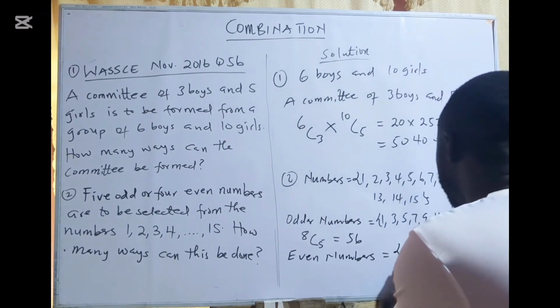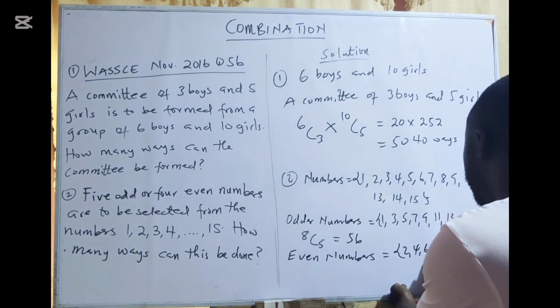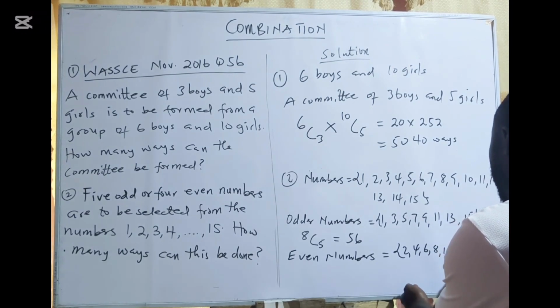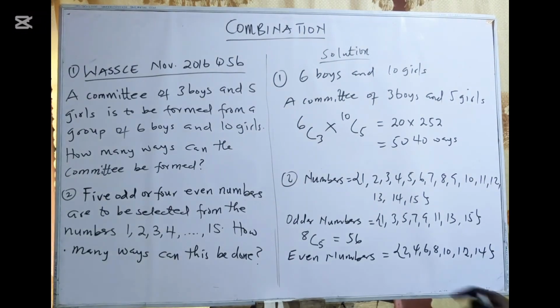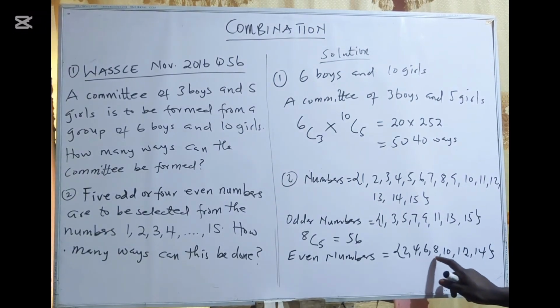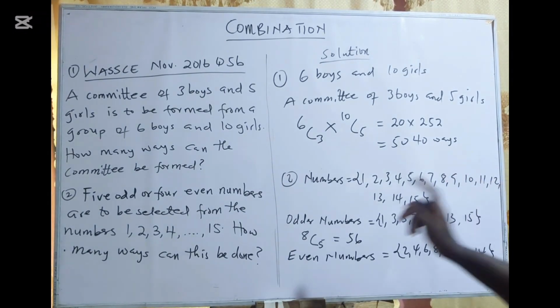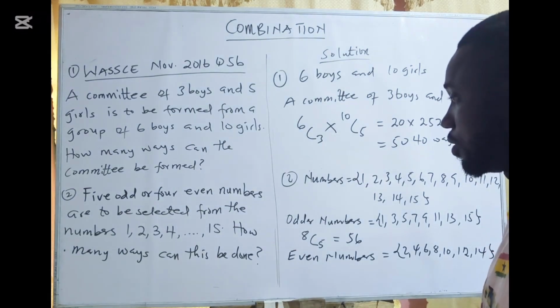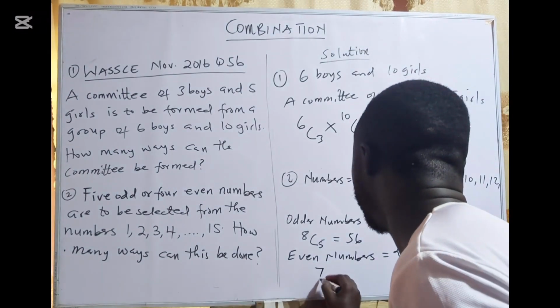How many even numbers? 2, 4, 6, 8, 10, 12, and then 14. Alright. So how many? 1, 2, 3, 4, 5, 6, 7. 7. So the 7 plus the 8 will give me what? 15, as we know.